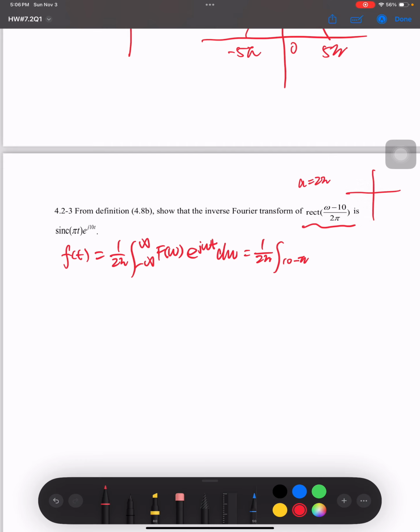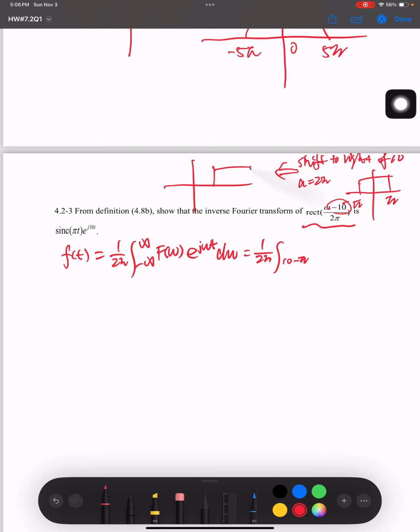So it's minus pi, and then it's shifted to the right by 10. So it's like this.